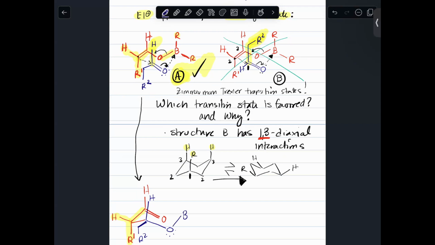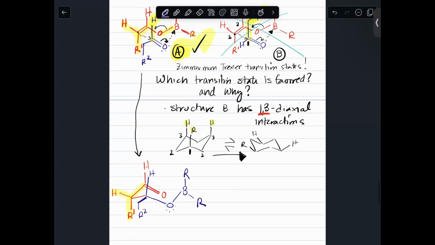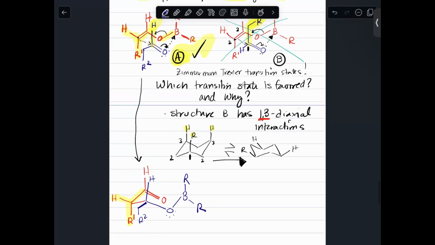And you can see the new bond between the oxygen and the boron that I created. Do you see that? Notice that it still looks like a six-membered ring. Okay.